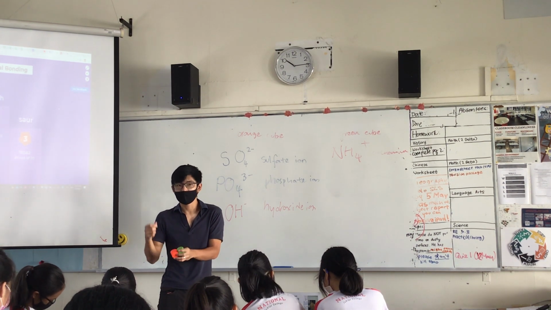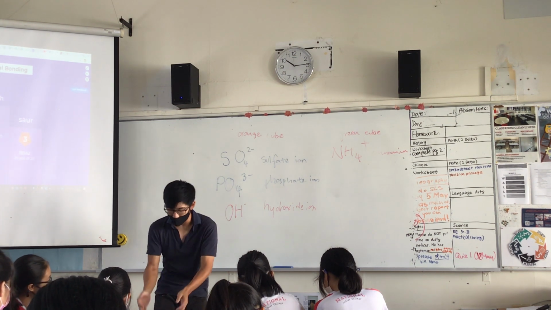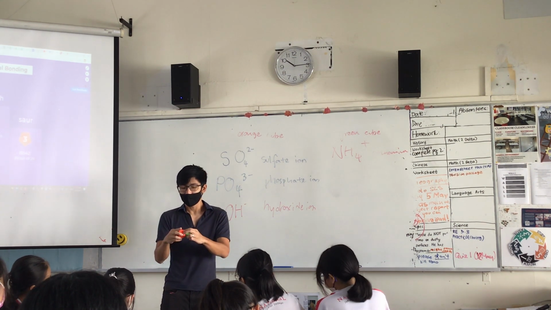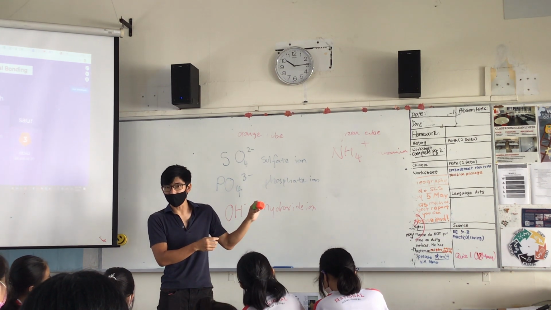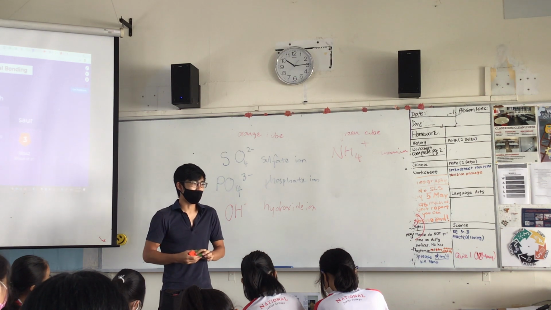If she finds it, she can take it. Then Nicole will play next. She will roll the dice, look at the chemical formula of the ions, and find the ionic compound within her grid.